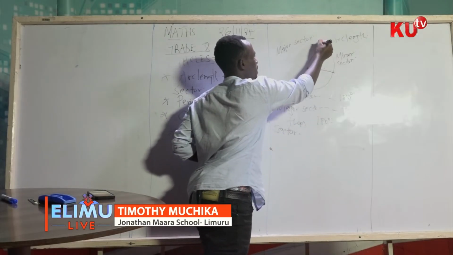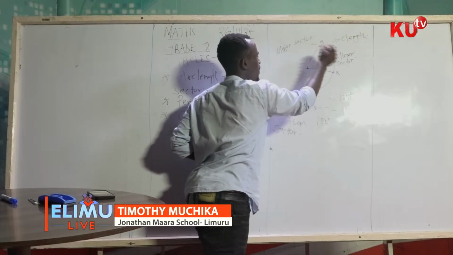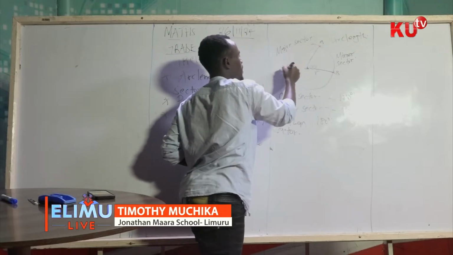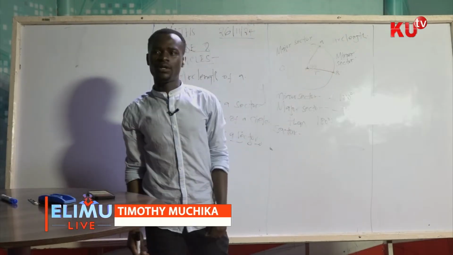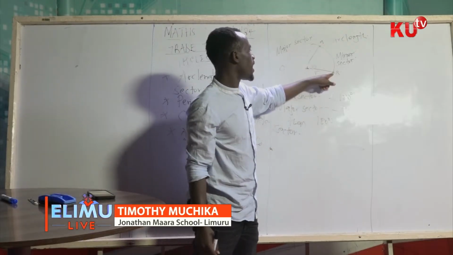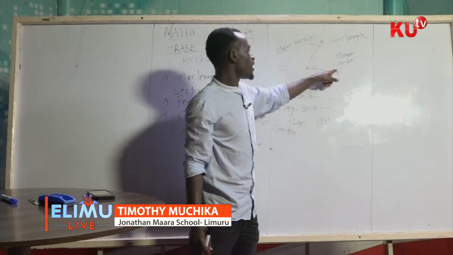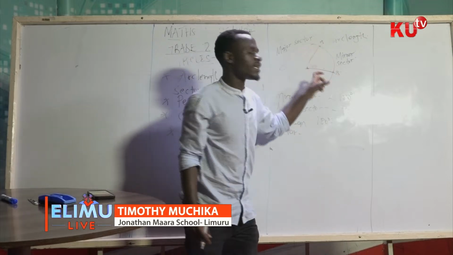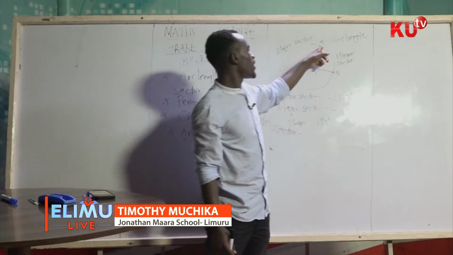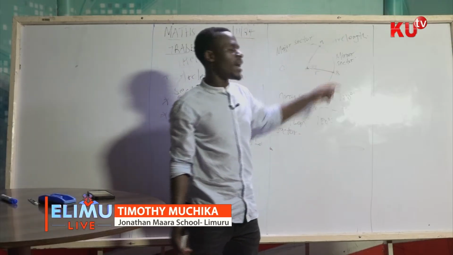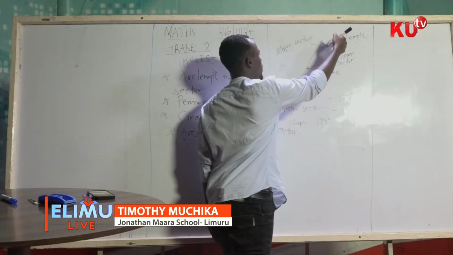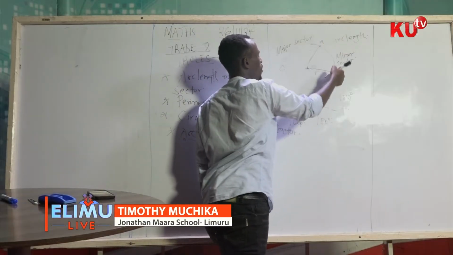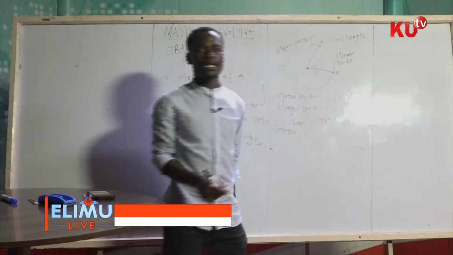Let's name this A, this B, and this C. From A to B, we have what we call an arc. Because it is an arc from a minor sector, we can call arc AB a minor arc.